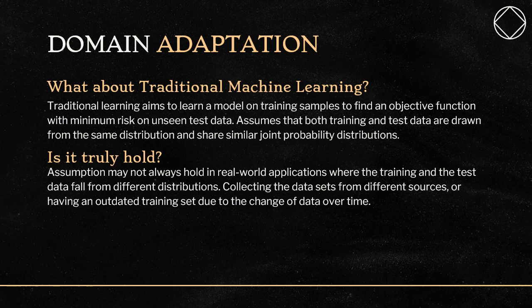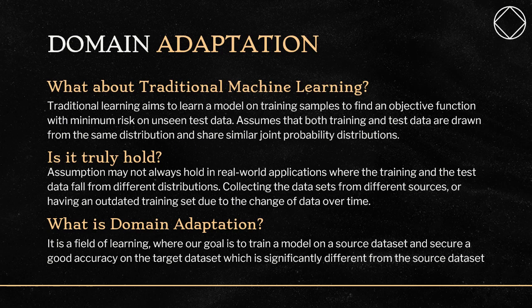Or there can be a case when you are taking the data from a different source or location and you are testing on a different location. In that case it is not always necessary that traditional machine learning algorithms work. So here comes into the picture domain adaptation. Domain adaptation is the field used to learn from a data set so that it can work on similar data sets which come from a different distribution.